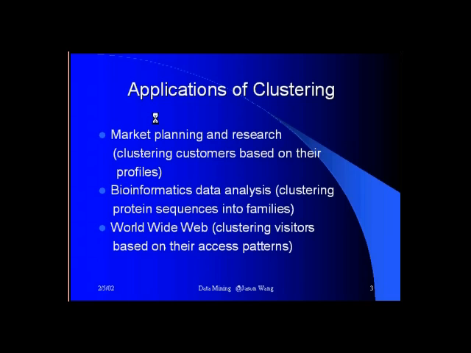When I have another new program, I can send it to these people for free evaluation and feedback. So you can look at their access patterns, divide the people into different groups, and have different strategies for dealing with different groups of people. That's why we need the clustering process.